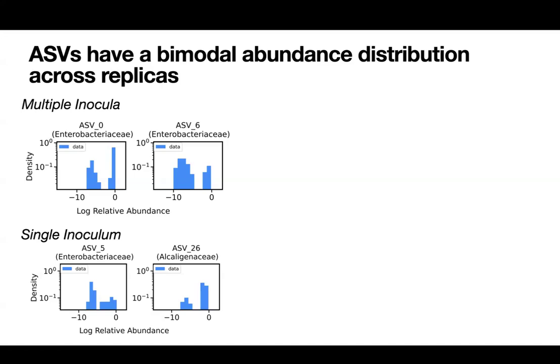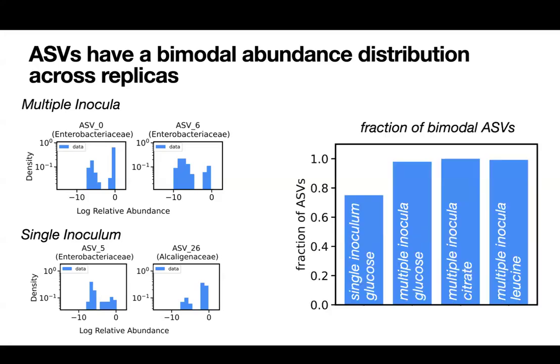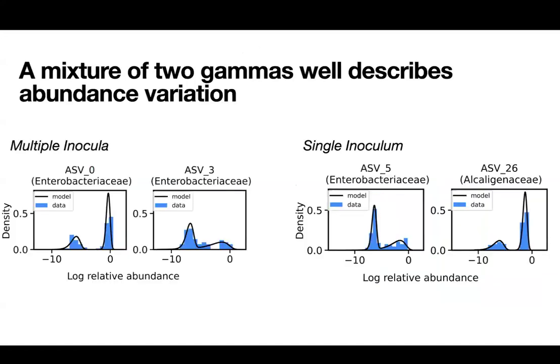So each species, looked across communities, across replicates, is sometimes in high abundance and sometimes in low abundance. The majority of species have this bimodal distribution. So it looks like in some communities they are in high abundance, and in some communities they are in low abundance.